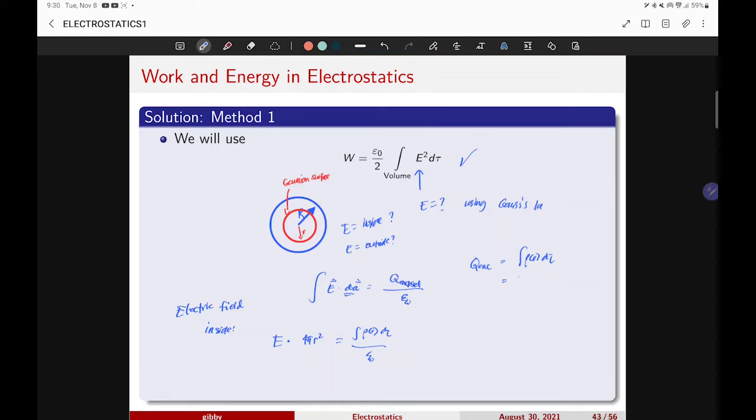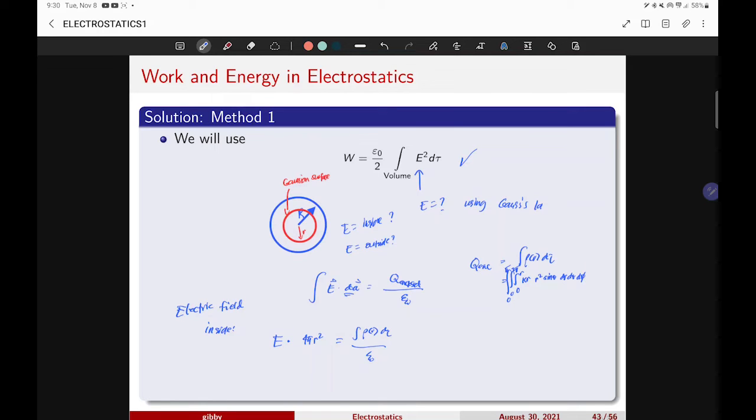Oh, sorry. This is kr. Then we have r squared sin theta dr d theta d phi. Okay? So it is a triple integral. This is 0 to r, theta is 0 to 2 pi, and phi is 0 to pi.